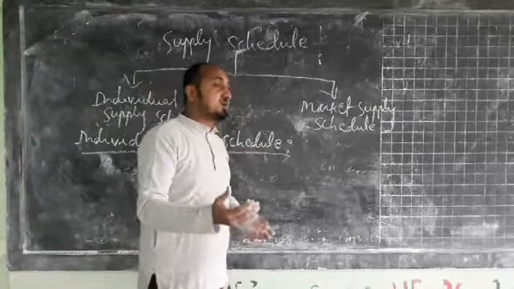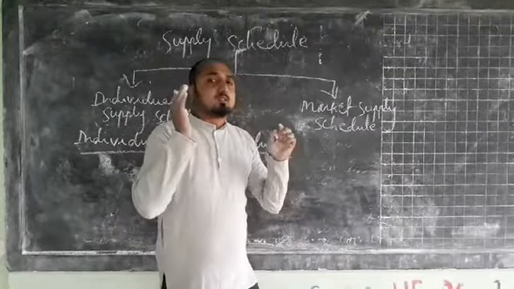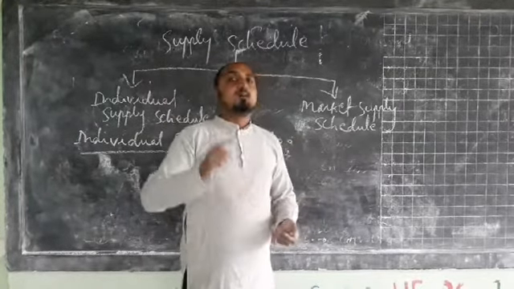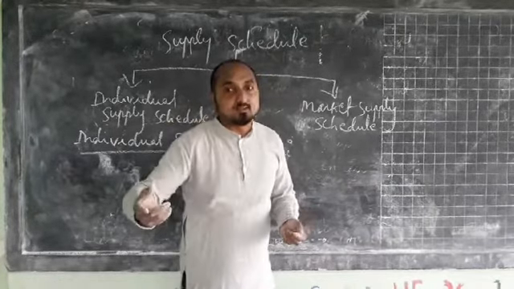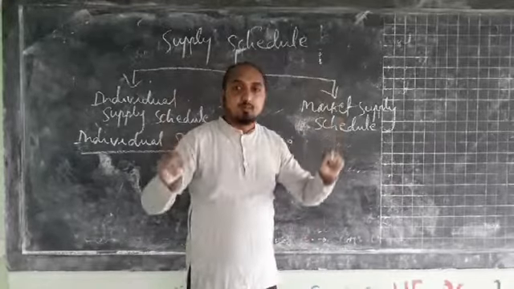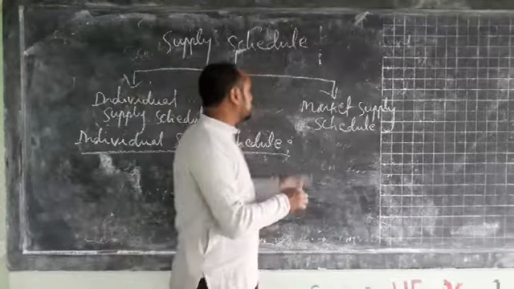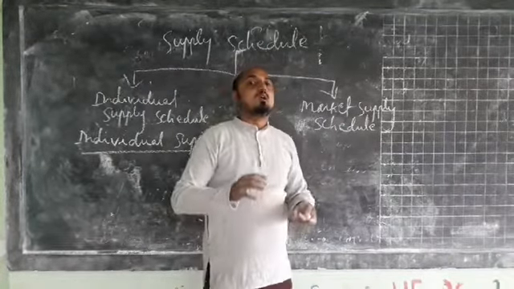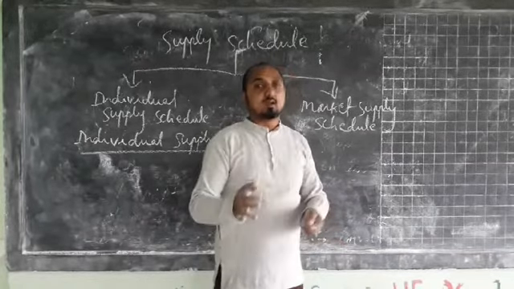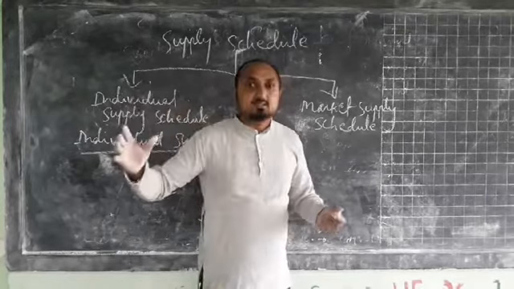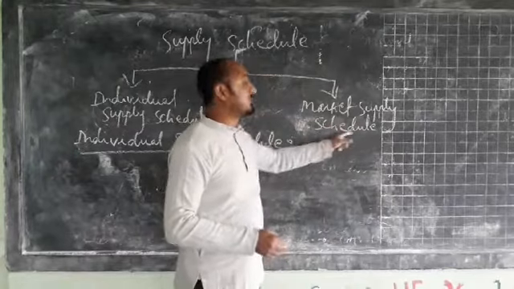As I have already explained, the individual supply schedule means the quantity supplied by a single producer or seller at various prices, and if we represent that in a tabular form, then that can be considered as an individual supply schedule. Similarly, in the case of the market supply schedule, if many producers are producing various commodities and supplying them in the market at the different prices, and if we represent that in a tabular form, that can be considered as a market supply schedule.